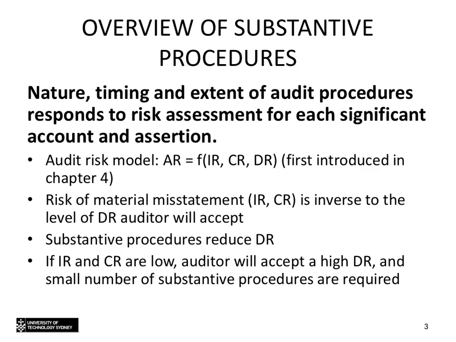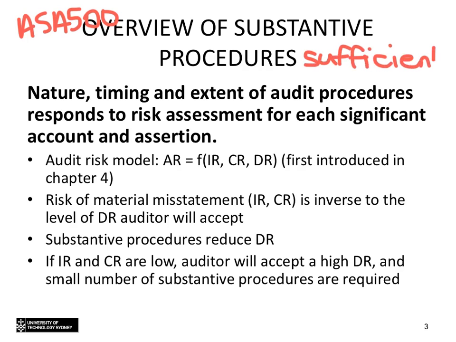So we know that ASA 500 says that I have to do a couple of different things in regards to my audit evidence. It says that my audit evidence must be sufficient. And it also says my evidence needs to be appropriate. So what exactly does that mean?